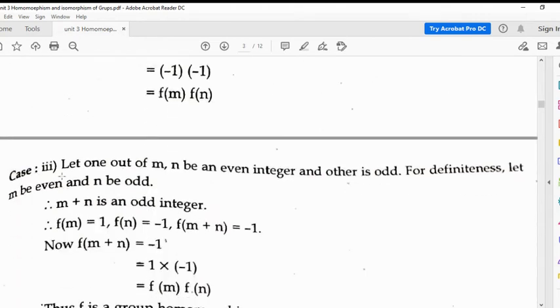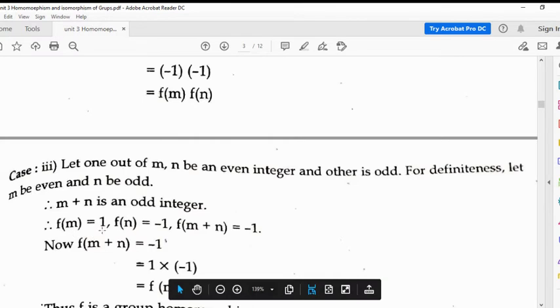So now the last case. One is even and one is odd. You may take m is even, n is odd, or n is even, m is odd. But one is even and one is odd. So m plus n is odd, because the sum of even and odd is always odd. So f of m is 1, f of n is equal to -1 because n is odd, and f of m plus n is -1 because m plus n is odd.